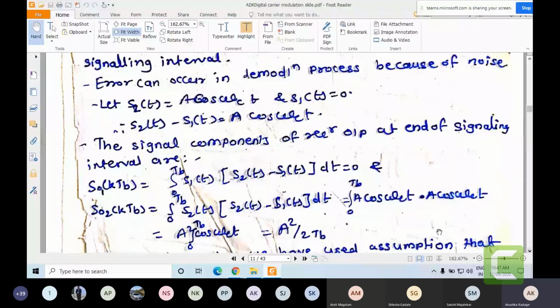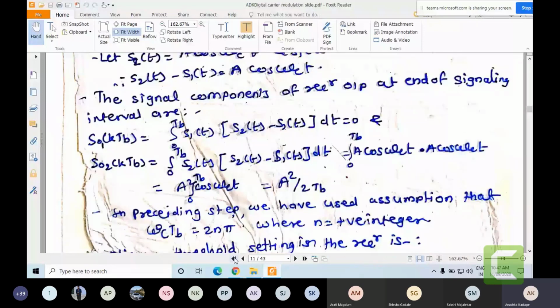So this subtraction resultant multiplied with the output from ASK will result in 0, or as I said earlier, if S2(t) is present, it is A cos of omega c t, and this subtraction resultant is also A cos of omega c t, and that resultant comes out as A square cos square omega c t.